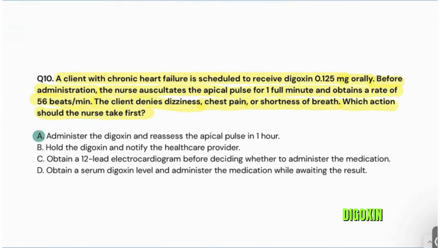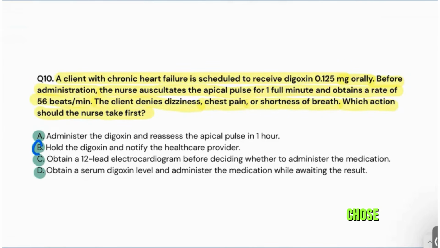A. Administer the digoxin and reassess the apical pulse in 1 hour. B. Hold the digoxin and notify the healthcare provider. Letter C. Obtain a 12-lead EKG before deciding whether to administer the medication. And letter D. Obtain a serum digoxin level and administer the medication while awaiting the result. Pause the video.